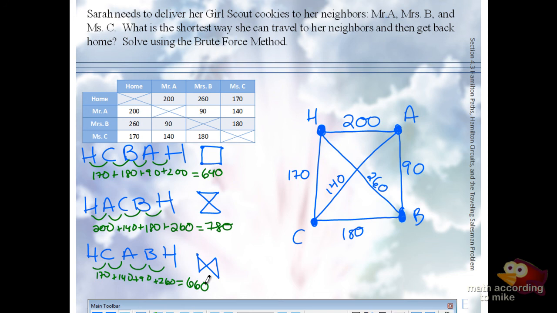Since she wants to find the shortest way she can travel, then for step 4, we would say that Sarah should take from her house, go to C, then B, then A, then back home. She could also go in the other direction too, because that will also be 640. And that's the brute force method.